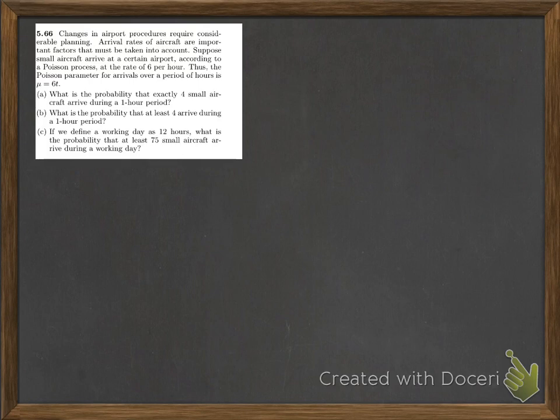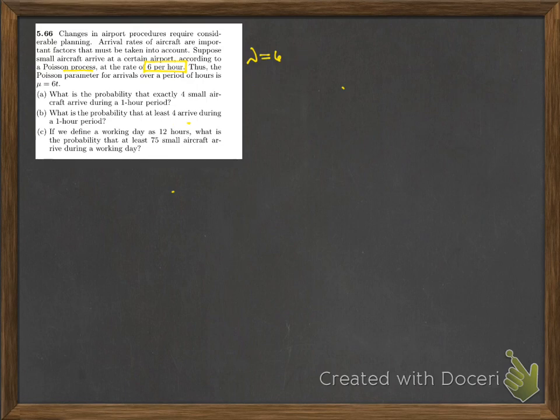Okay, so here, changes in airport procedures require considerable planning. Arrival rates of aircraft are important factors that must be taken into account. Suppose small aircraft arrive at a certain airport according to a Poisson process at the rate of 6 per hour. Right there, that's telling you lambda is 6, and your unit of time is hours.